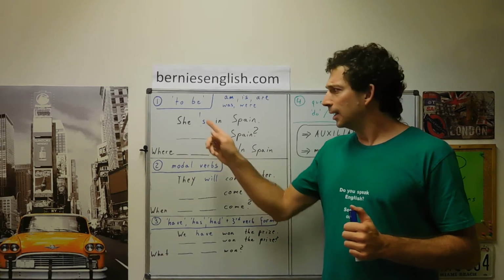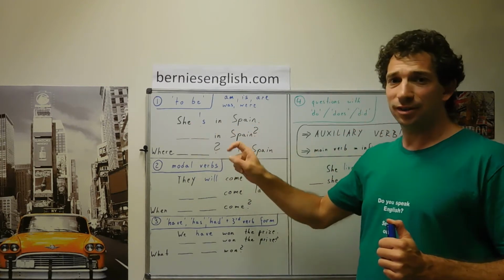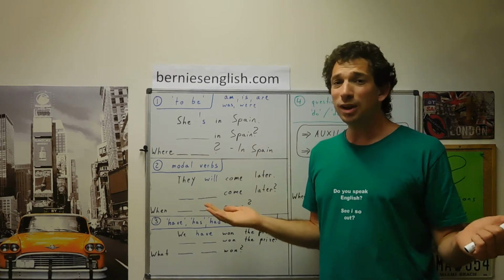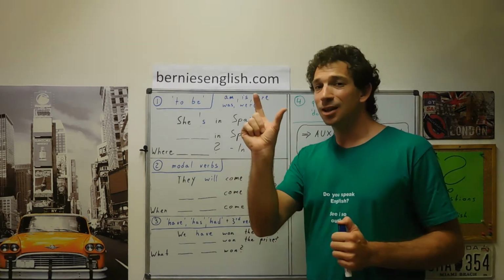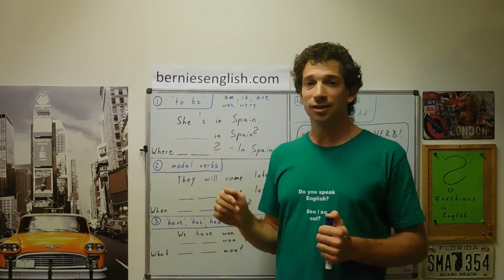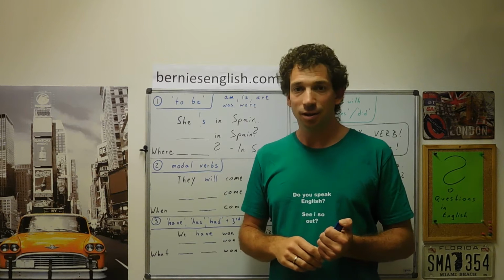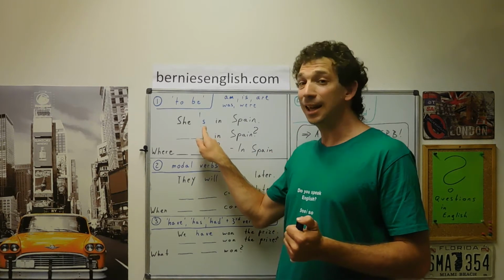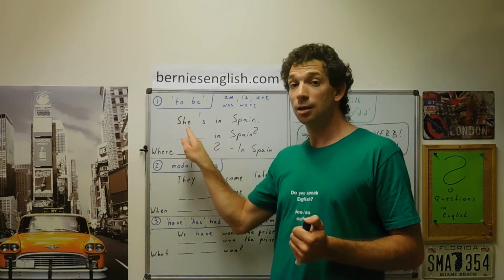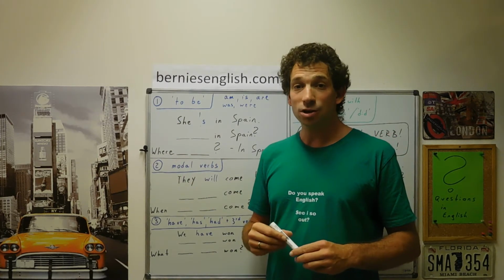Now, if we want to make a question out of this sentence, she's in Spain, she is in Spain, what we simply do is turn around the first 2 parts of the sentence. We put the verb is in front of the subject she to form the question.